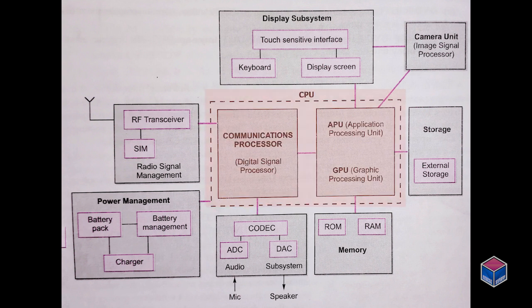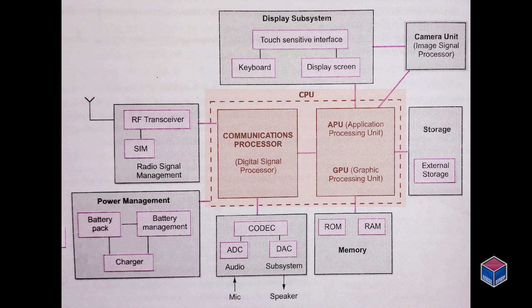You can see in the middle of the diagram, the CPU consists of the communication processor, which is a digital signal processor. The communication processing unit is a subsystem responsible for making and receiving phone calls on a mobile handset. It has a digital signal processor that helps to work with the radio frequency transceiver and the audio subsystem.